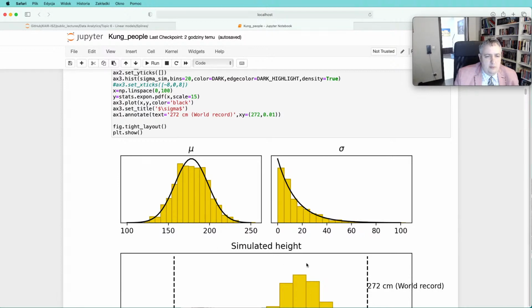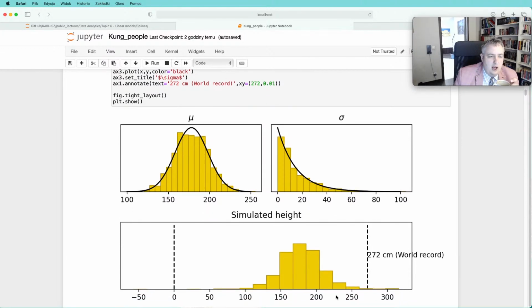So we have a lot of samples here. Standard deviation is between 0 and 40 centimeters, so it gives us a lot of space. And simulated height locates us in a reasonable interval for most of the samples, because we didn't get any or a very limited number of negative heights.